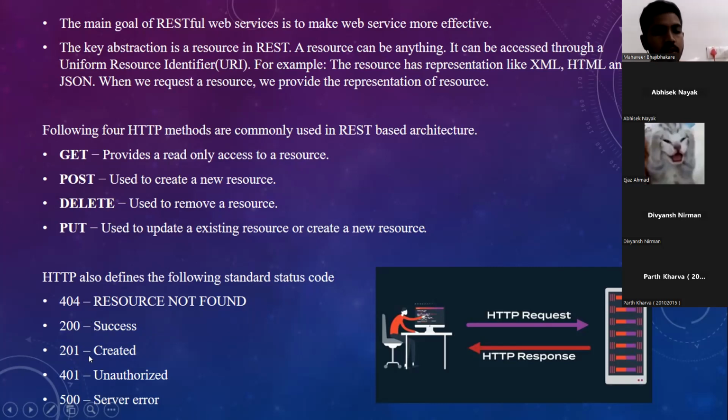The third one is 201, which means the resource was created successfully in the database. Also 401, which means unauthorized, and 500, which happens when there is a server error. Moving forward to the next slide.